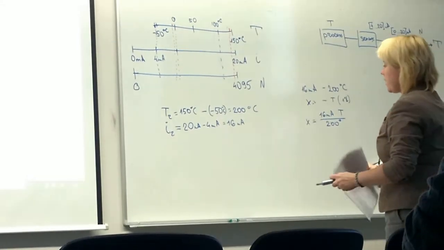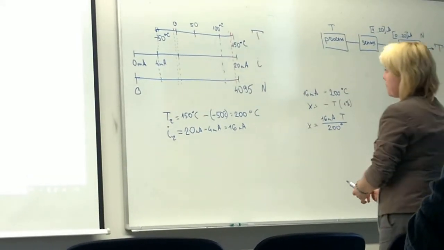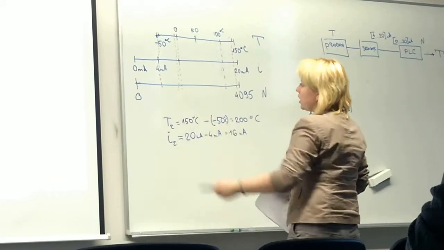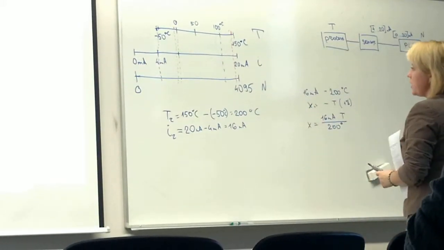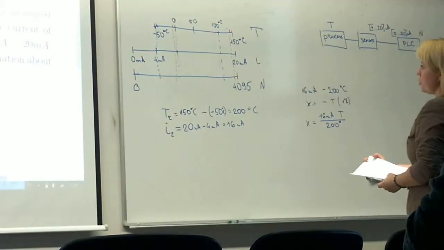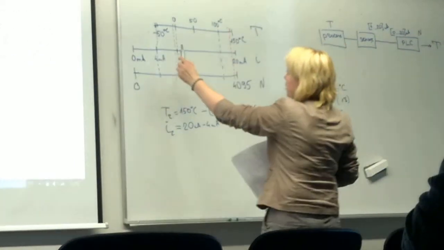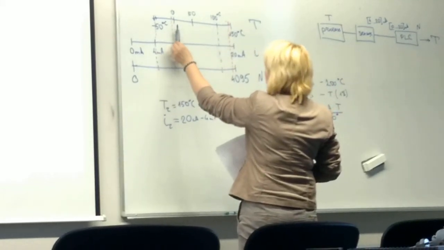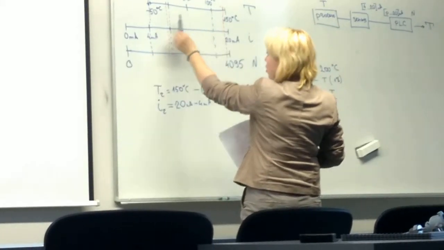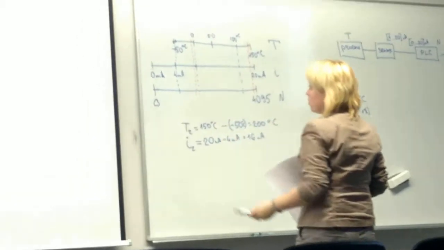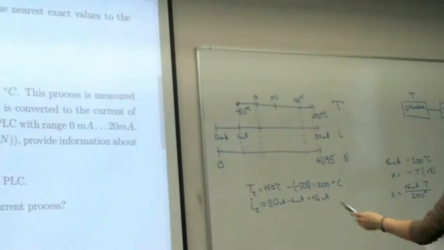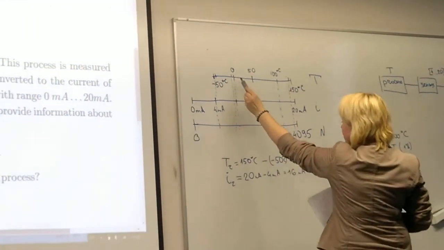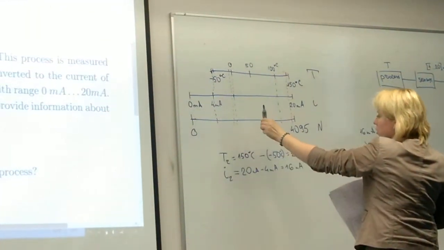Currently it can be easily calculated. In this case we know that it's just 1/4 of the whole range. So for 0 degrees Celsius, we will have just 1/4.